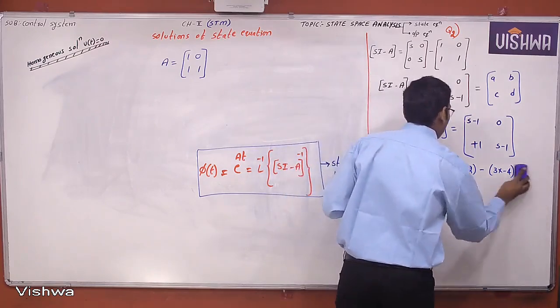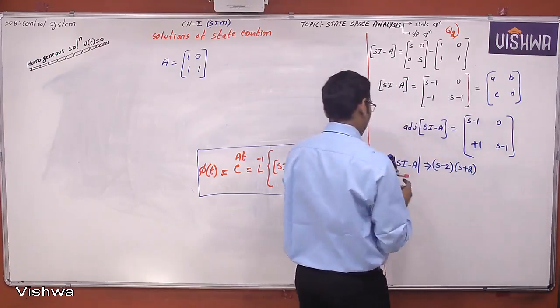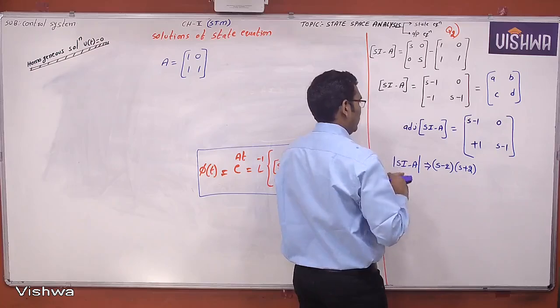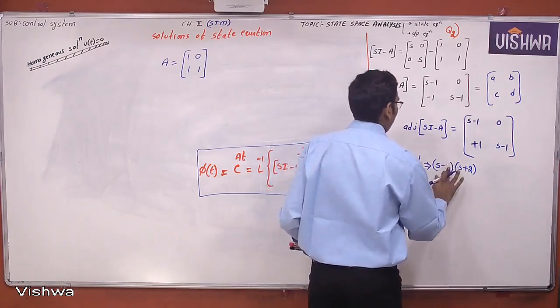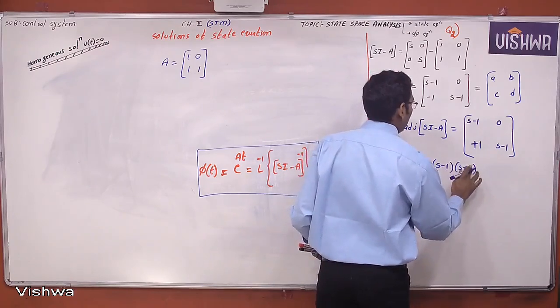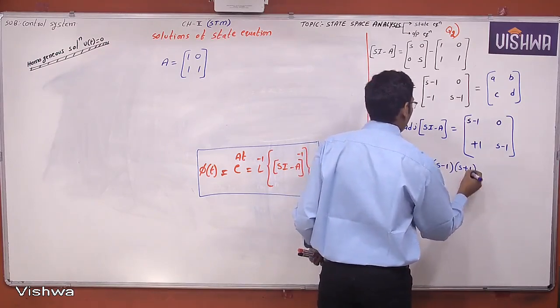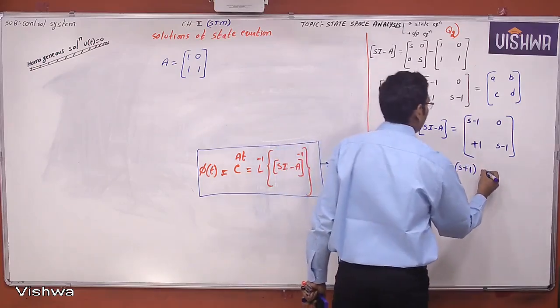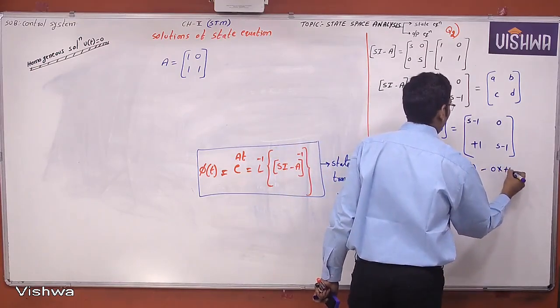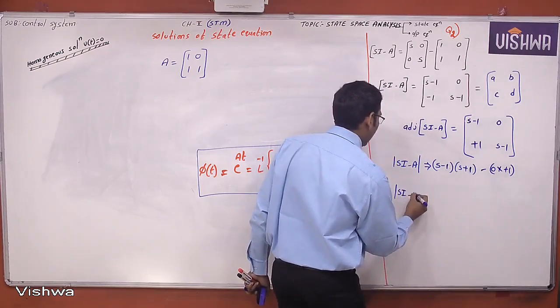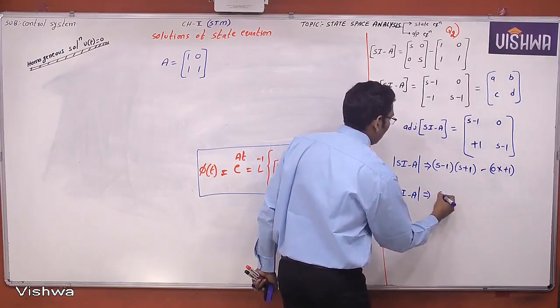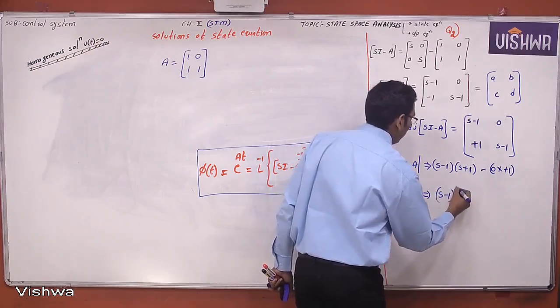The determinant is AD minus BC, which is s minus 1 into s minus 1, minus 0 into 1. So the determinant of sI minus A matrix is (s minus 1) whole square.